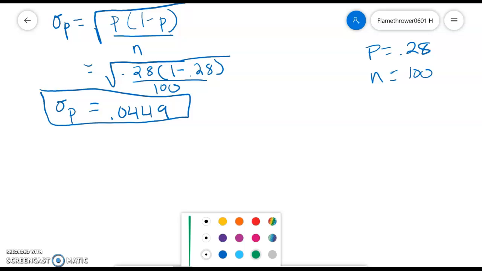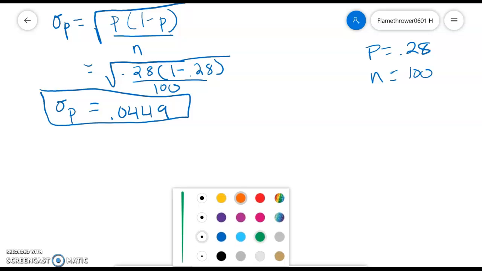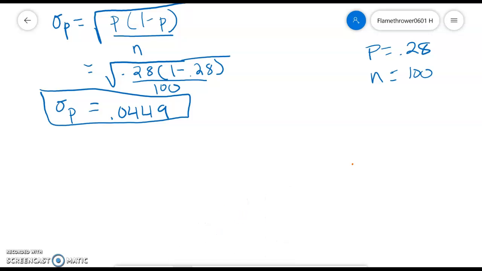And then step 2 is going to be to calculate our z-scores, but we're going to have to do 2 z-scores because we want to know the probability between 20 and 30. So we have to do a z-score for each of those.